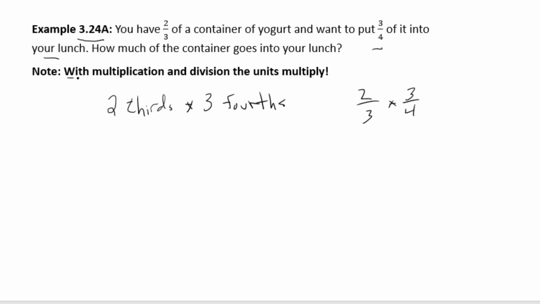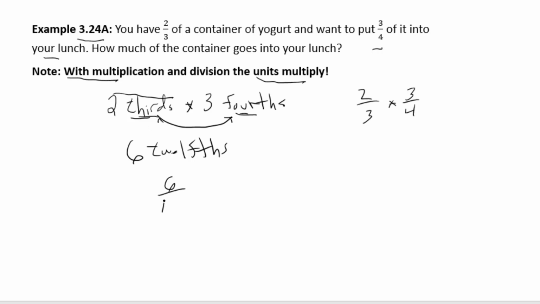Remember, with multiplication and division, the units multiply, right? Well, with addition and subtraction, you cannot add or subtract different units. So I could not add these two without changing one or both of the fractions. But with multiplication, they simply multiply. So I could just go 2 times 3 is 6. Thirds times fourths is twelfths. And I get a new unit through multiplication.